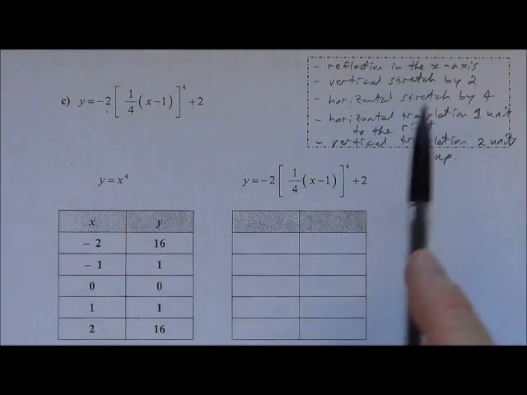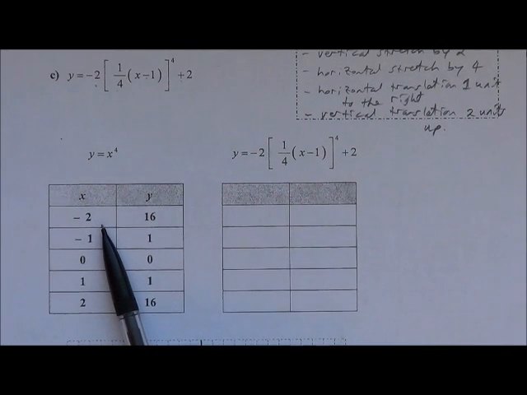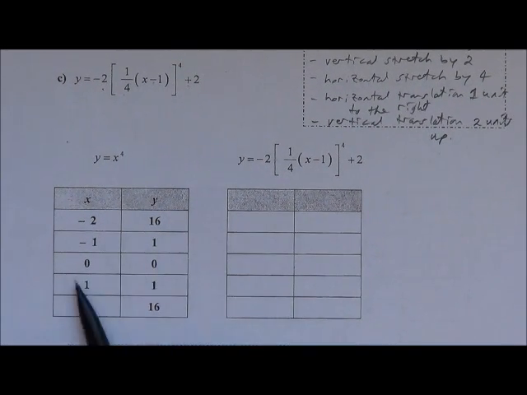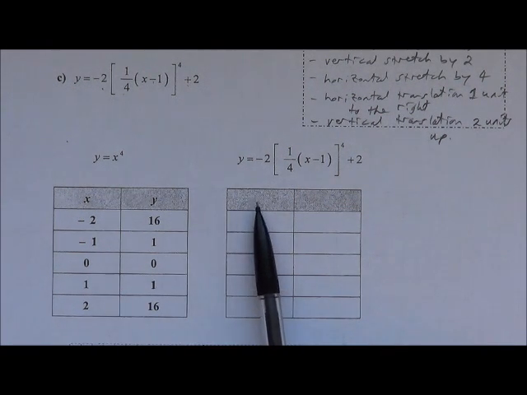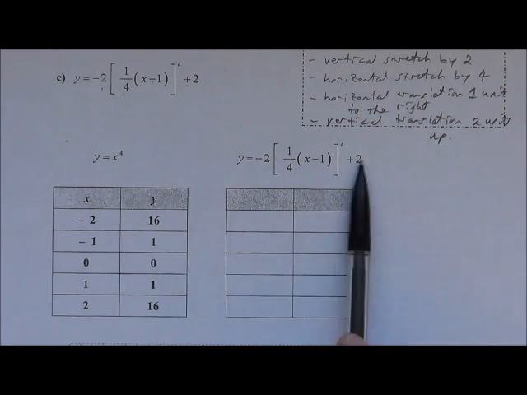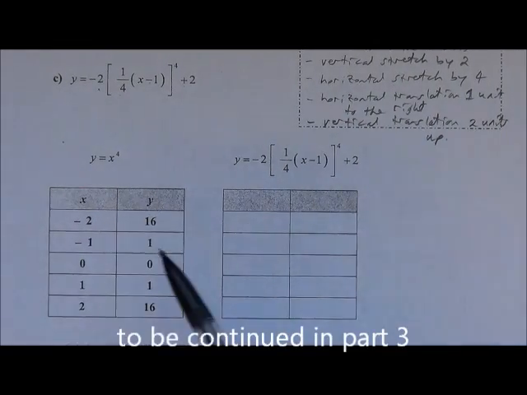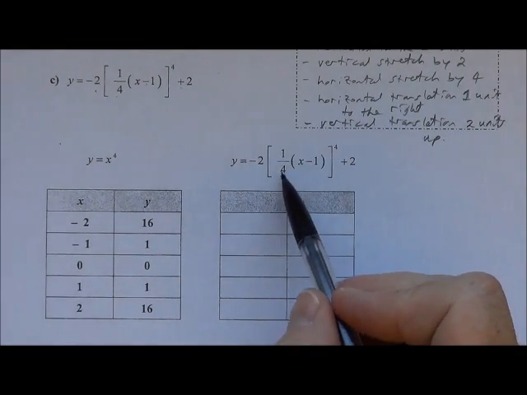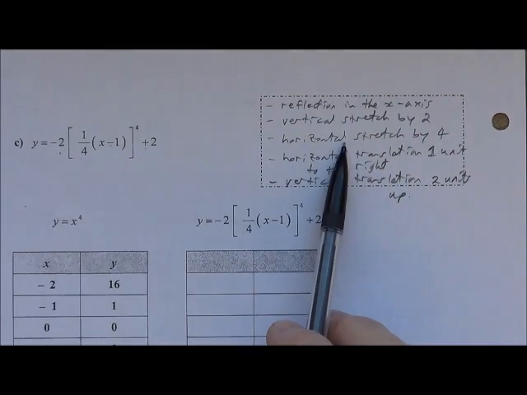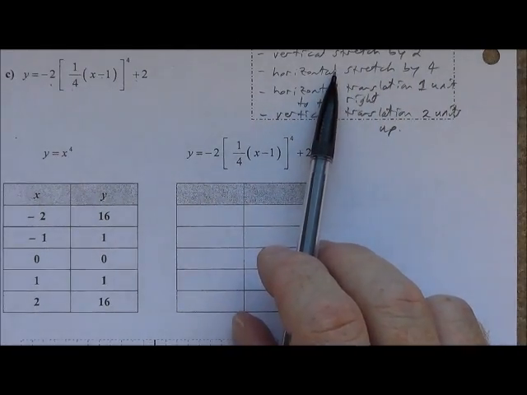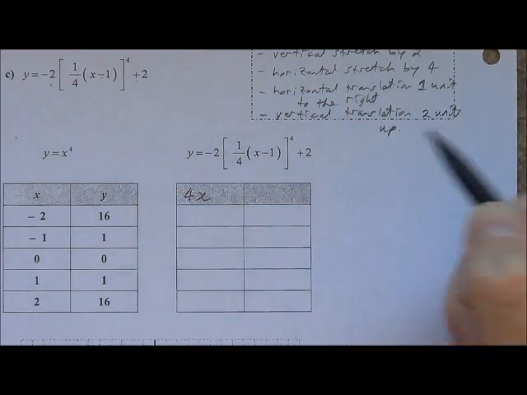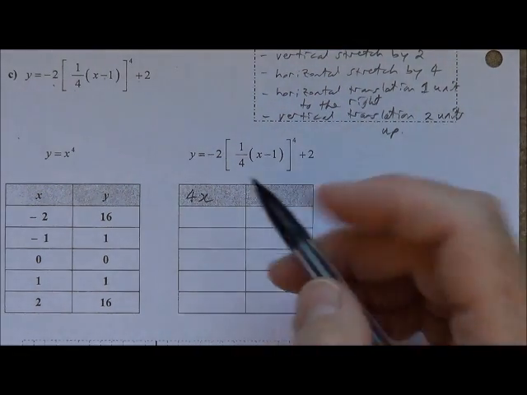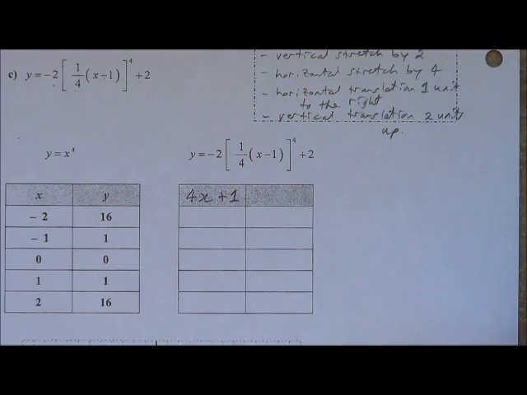Okay, so now that we have that, we can then take these points, these ordered pairs here, from the parent function and sub them into these headings that we're going to have here for the actual transformations. So the x values again, here is a horizontal stretch by 4, so that means we're going to be multiplying the x values by 4, and then a horizontal translation 1 unit to the right, which means we're going to be adding 1 to that product.